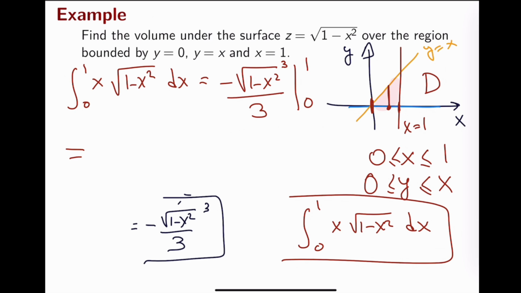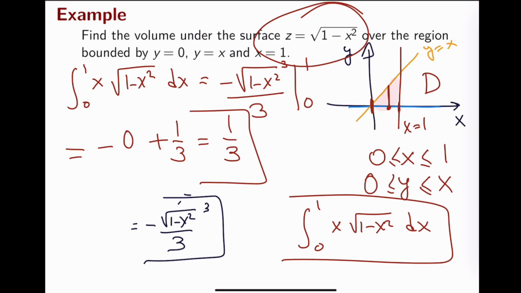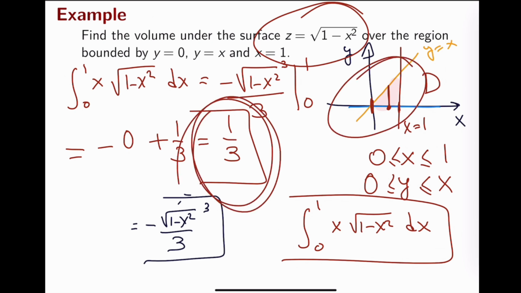And doing the evaluation, this is minus 0 plus 1/3, which is 1/3. So we got that the volume under this surface over this region is equal to 1/3 units.